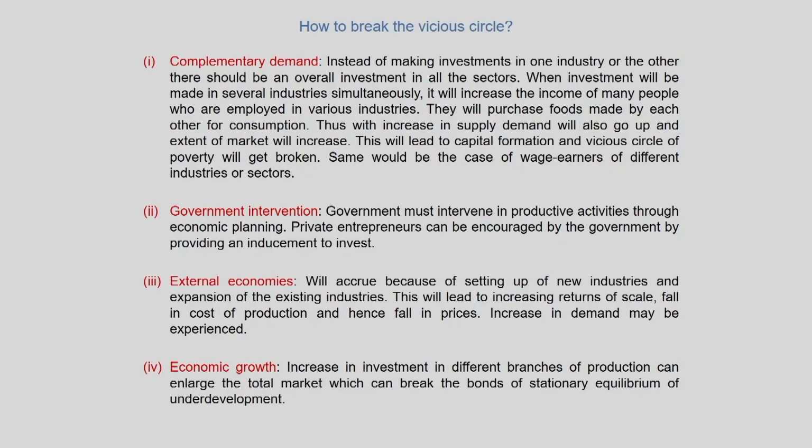So the second proposition that Ragnar Nurkse was making as a part of the balanced growth doctrine was that there should be government intervention. Governments must intervene in productive activities through economic planning, and private entrepreneurs have to be encouraged by the government by providing an inducement to invest.